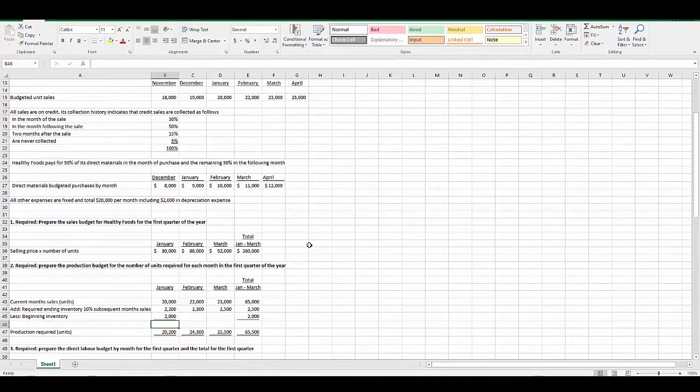So 2,000 is what you would have started with in January. In February, you're starting with January's ending, so that's 2,200. And in March, February's ending will be March's beginning inventory, so you take that to be your 2,300.